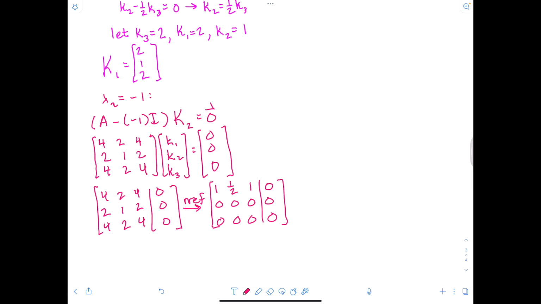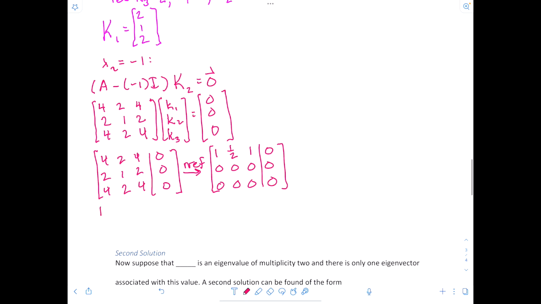So let's see what we've got going on. That means that K1 plus 1/2 times K2 plus K3 is equal to 0.